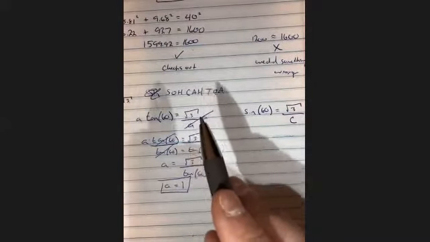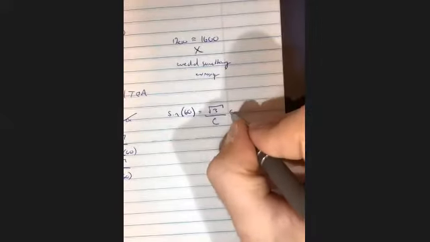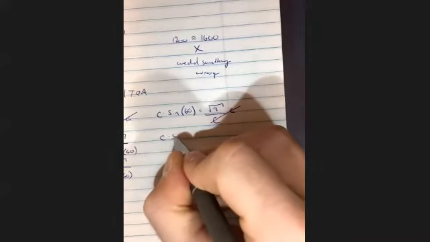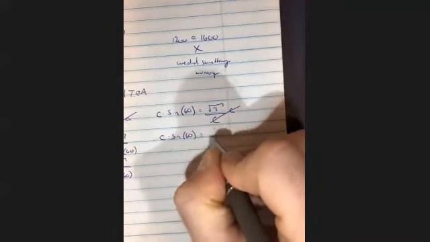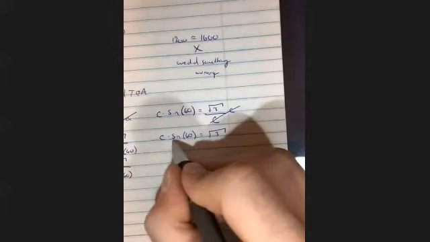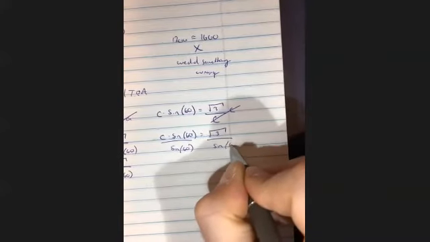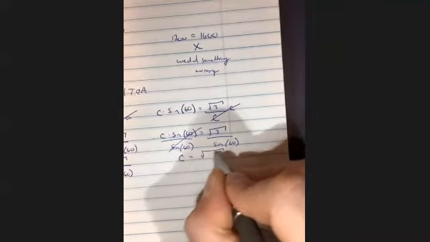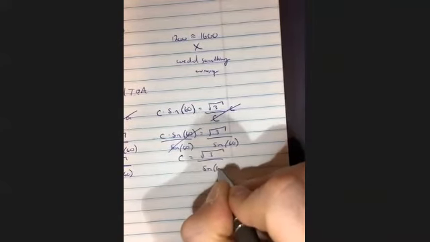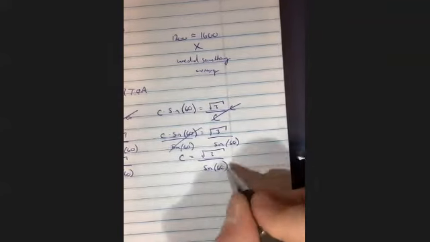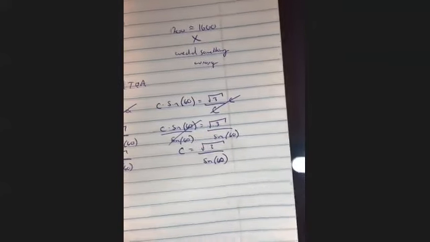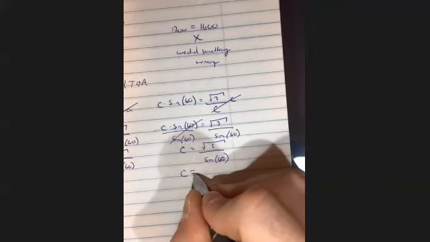I can't multiply by a square root of 3 to get rid of it, but I can multiply by C. Gets rid of that. So C times the sine of 60 is equal to the square root of 3. Over here I divide by the sine of 60. Gets rid of those. And so C is equal to the square root of 3 divided by the sine of 60 degrees. There we go. And if I plug that into the calculator, my C, in this case, is equal to 2.